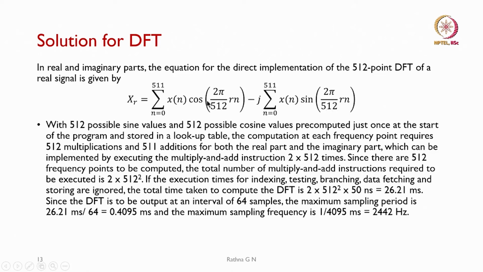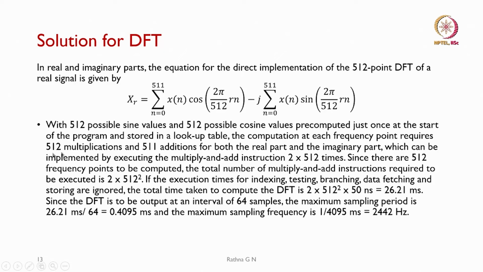That is, we have split e to the minus j into cosine and sine functions. This involves 512 possible sine values and 512 possible cosine values, which are pre-computed. We are not counting their computation time because we have kept them in the lookup table.